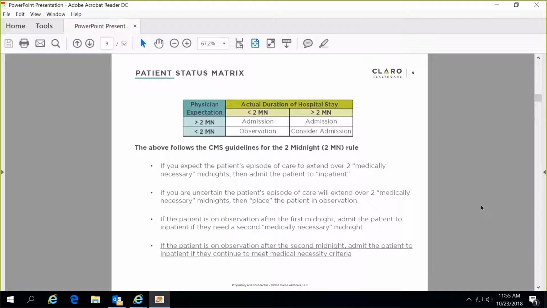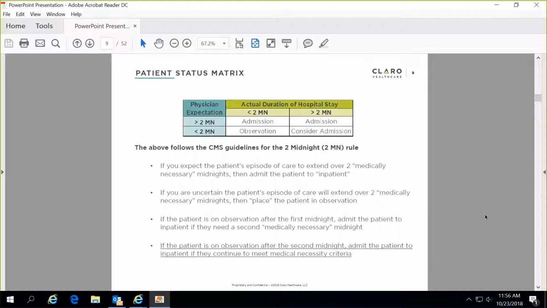But we have looked at some records, and we have 176-hour stays, many long stays, and it was an opportunity to maybe be a different status, inpatient status. So we're going to look at these patients now at 36 hours and see if it's an opportunity. And we've even looked at some patients that may be inpatient but stay less than 2 midnights.